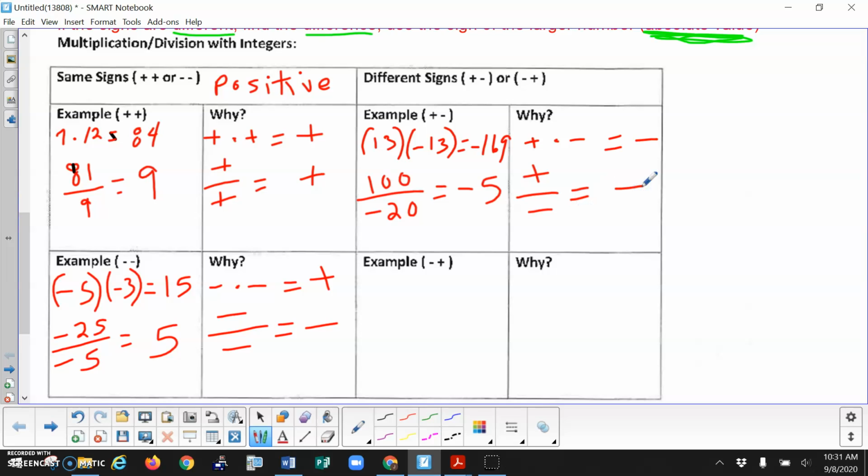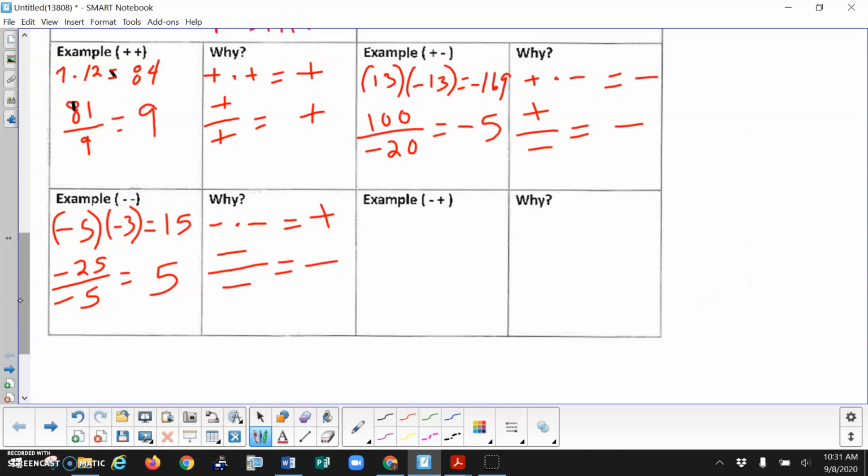And it doesn't matter what order you do it in. If your negative number is first, so what if I did negative 7 times a positive 6? It's still going to give me a negative 42 for this one. So it doesn't matter what order. A negative times a positive is still going to give me a negative. Same with the quotient.